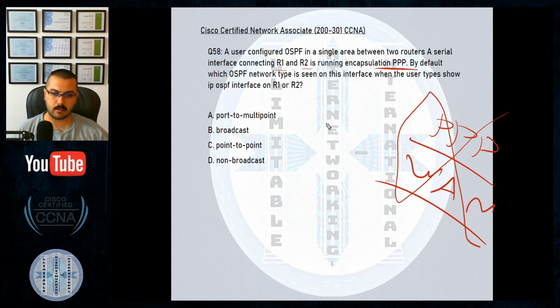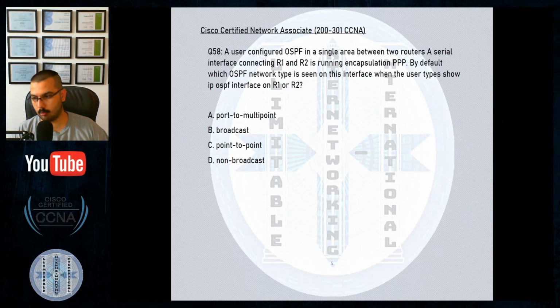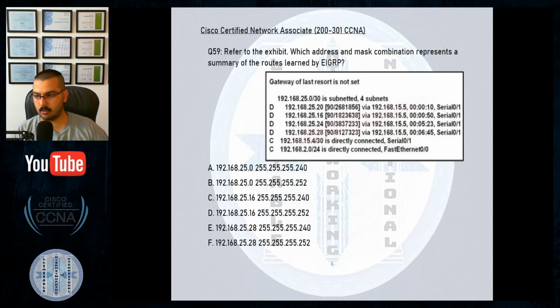But whenever there was an interface that is encapsulated with PPP, and later it was using OSPF, then that OSPF will be OSPF type point-to-point. Otherwise, it depends on the topology and design of your network and other layer 2 or layer 2.5 logical protocols that were used in them that will specify it's a non-broadcast, broadcast, point-to-multipoint, NBMA, and so on. All of those had been removed from the CCNA.